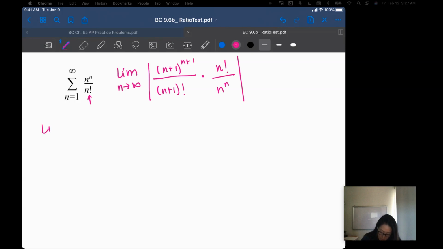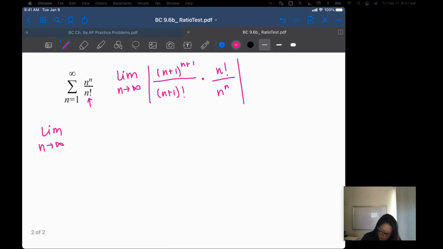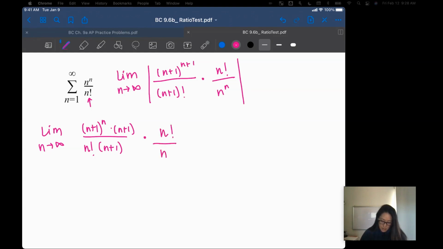I have the limit as n approaches infinity of, I can write the numerator as (n plus 1) to the n times (n plus 1), all over, I like to put the n factorial first, and then the extra term of n plus 1, and then times n factorial over n to the n.